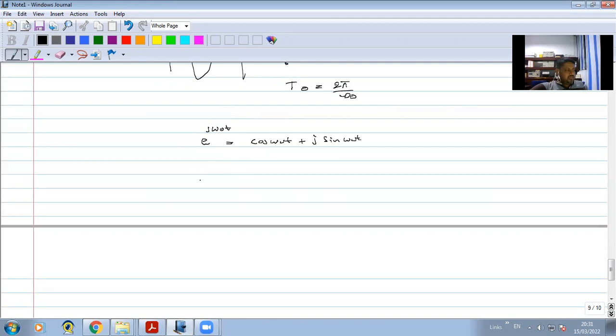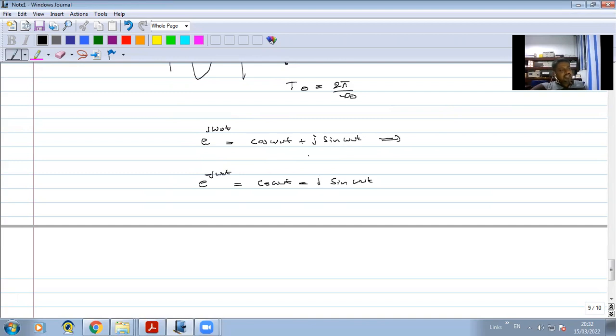If we write e to the power minus j omega naught t, it will be cos omega naught t minus j sine omega naught t. So this is the Euler formula.